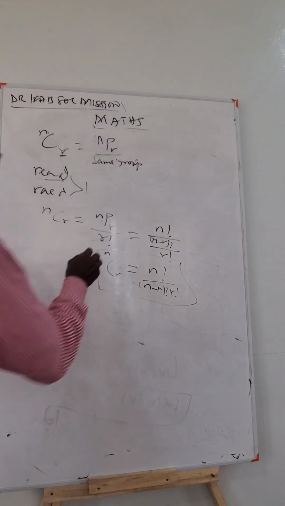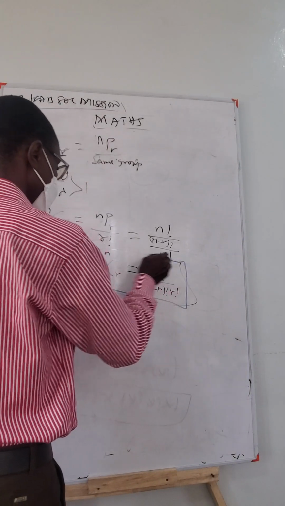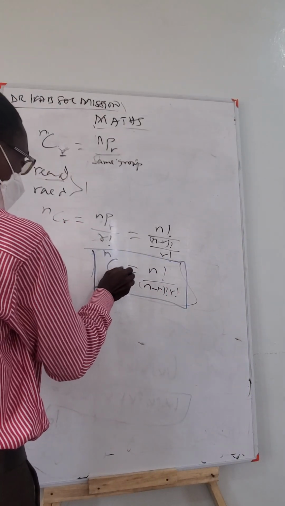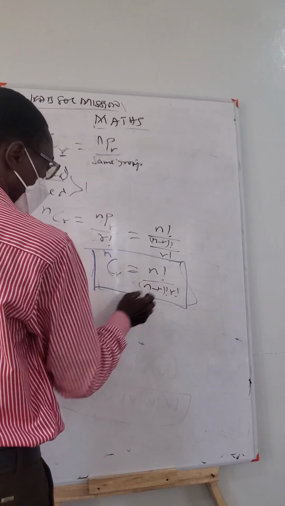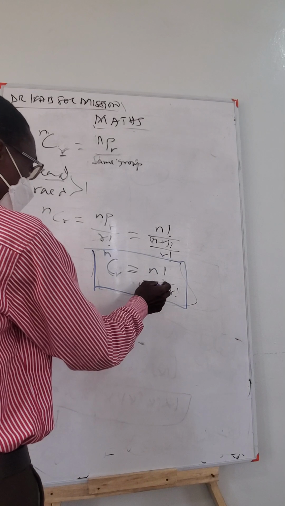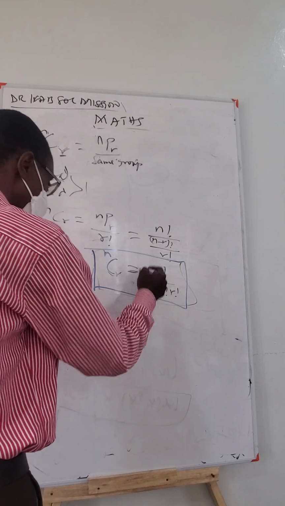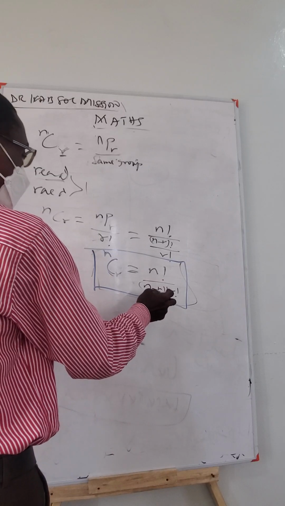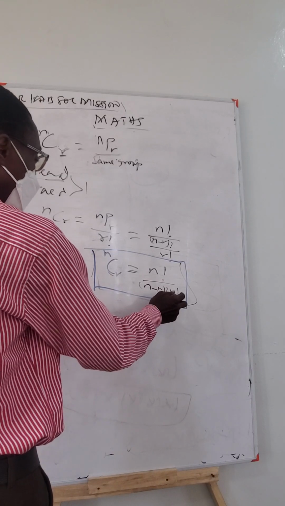Right, so this is the general formula. But I've always said that let's look beyond that so that when you are solving questions, it becomes easier for you. So this is the general formula where we are taking into consideration permutation of all the numbers, and we are also taking account of same group.